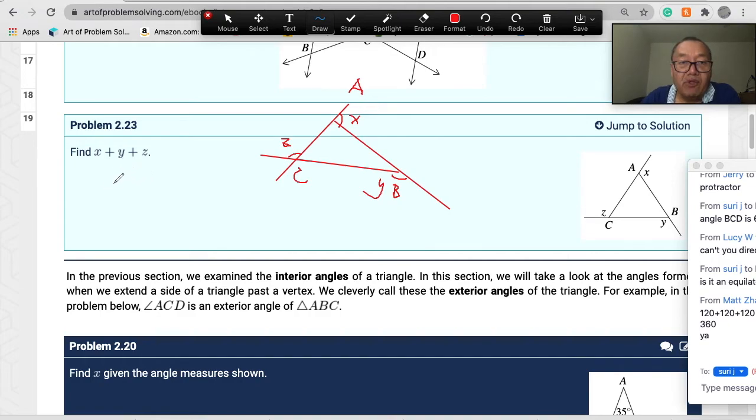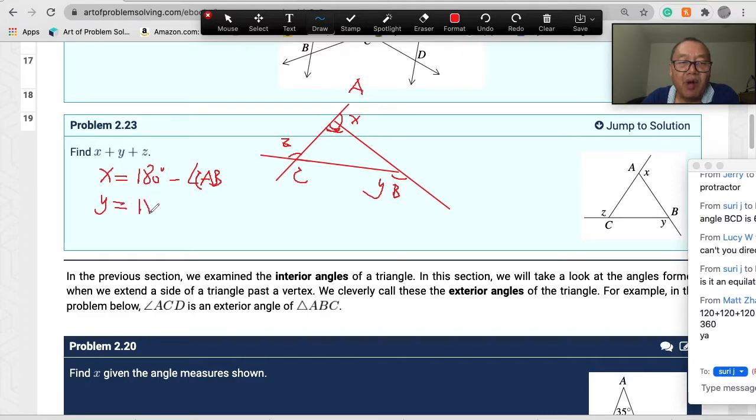Okay, to do that, let's see what X is. X equals 180 degrees minus this angle A, right? Minus angle A, if you try to write this exactly, you can write CAB. Okay, use three letters to represent this angle. 180 degrees minus this angle, right? This is X. What is Y?